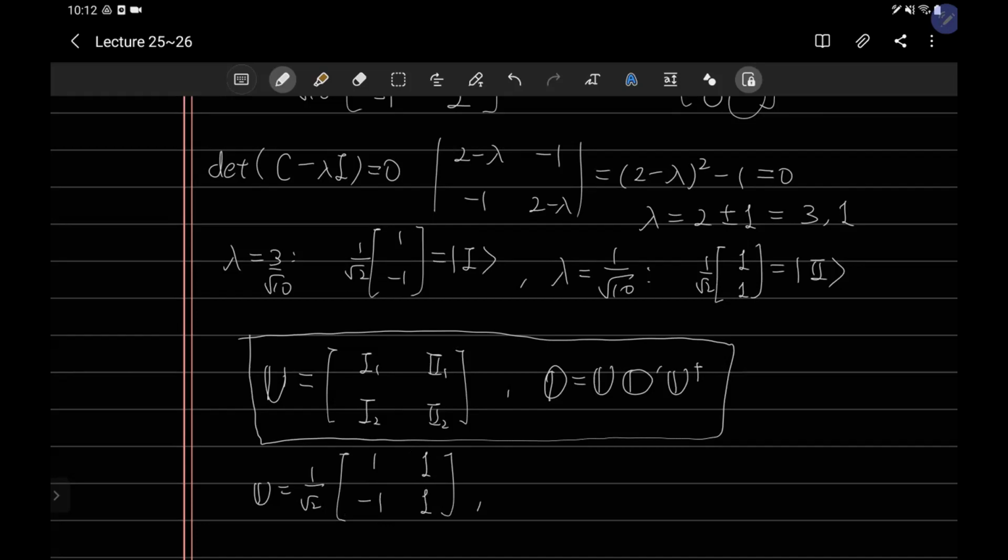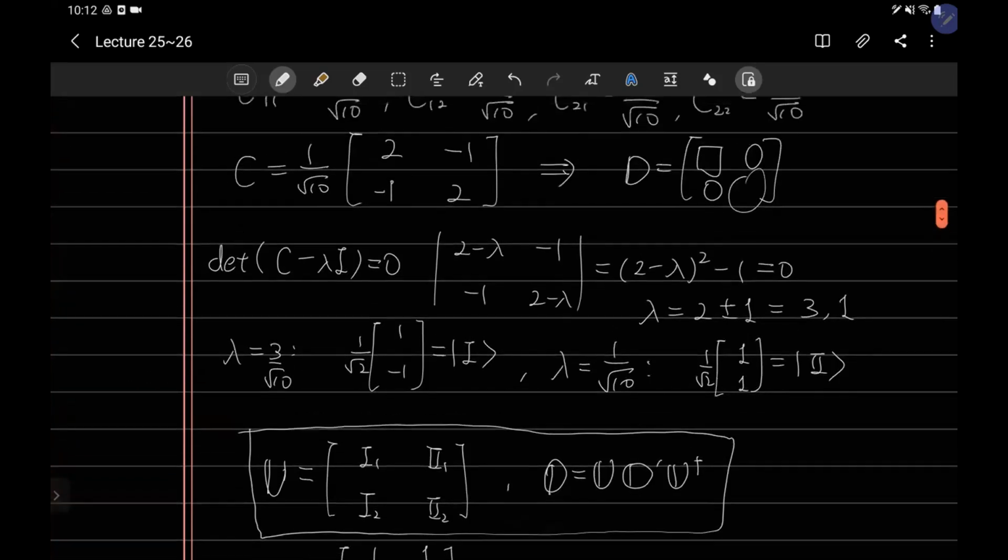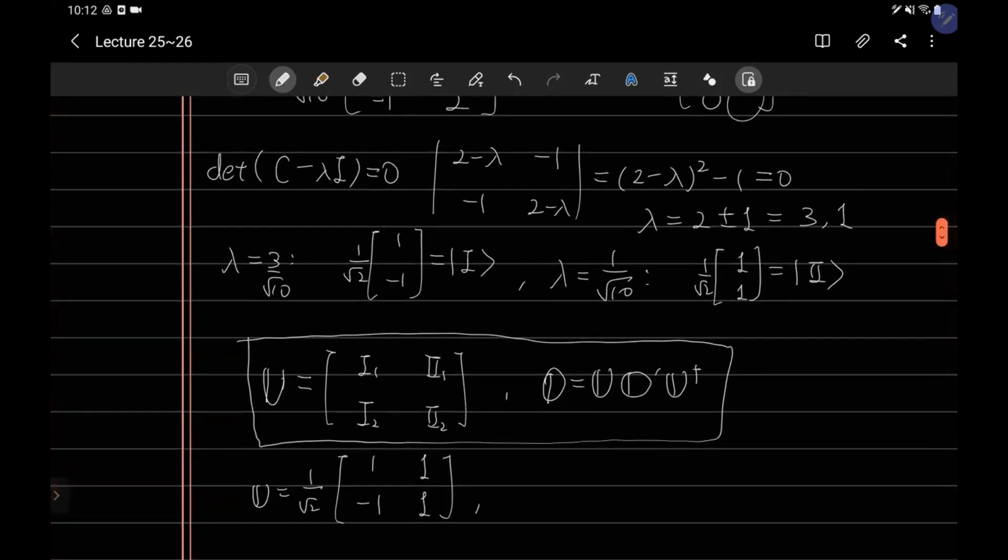Here, what I'm trying to do is convert this into the diagonal form. So I know that C will be represented as the unitary, then the diagonal, and then the unitary dagger.